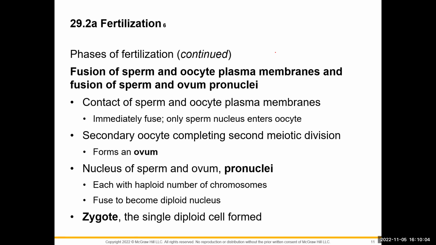Now they've restored the chromosome count to the diploid chromosome count. And as a result of that fusion, we now have ourselves a zygote. So once we restore the diploid number of chromosomes, that structure is now referred to as a zygote, and that is one cell with diploid number of chromosomes.